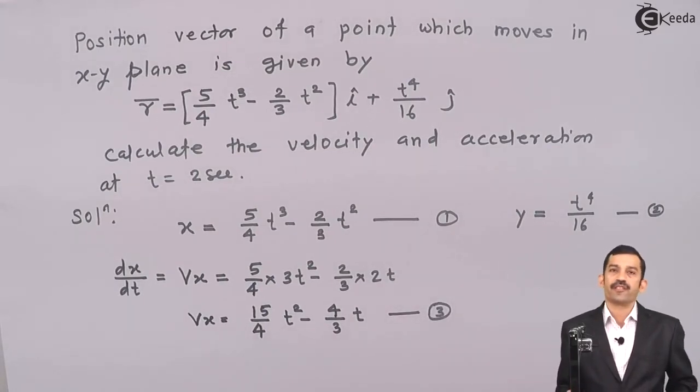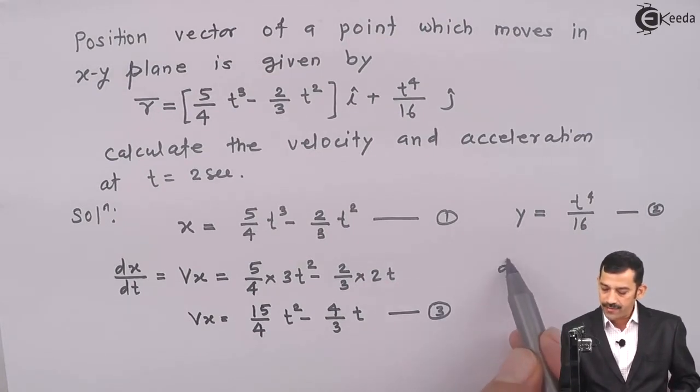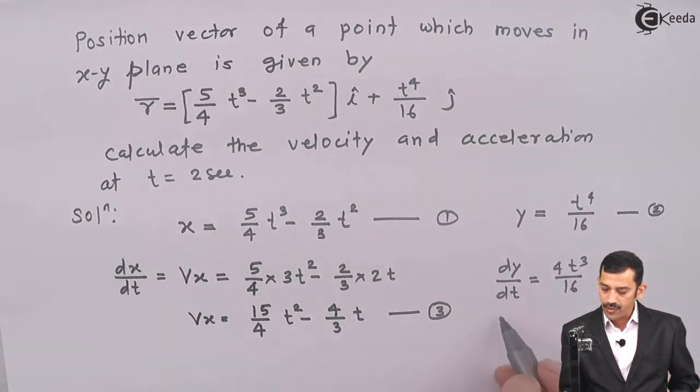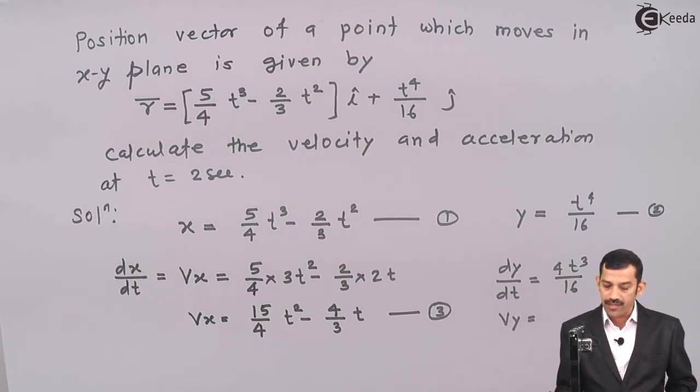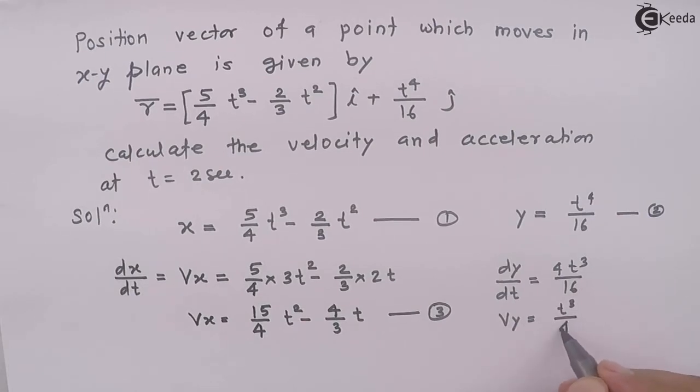Similarly, if we differentiate y with respect to time t, what will we get here? dy by dt equal to 4t cube by 16. That means Vy, 4 by 16 means 1 by 4, that means it is t cube divided by 4.